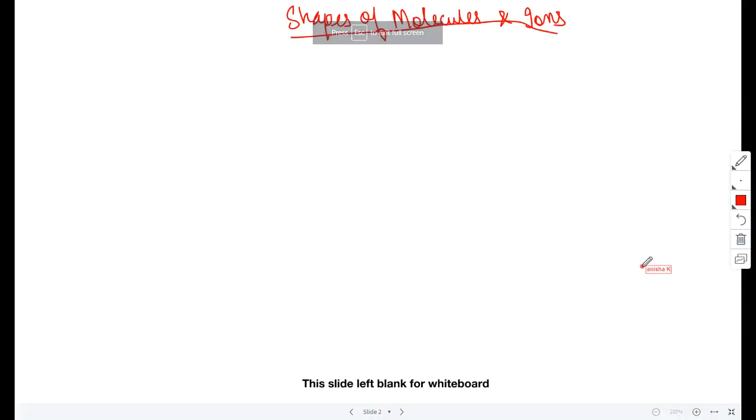Okay, shall we start? Yes, please. Now we are talking about the shapes of molecules and ions. Tell me what you understand by the term molecule and what you understand by the term ions.